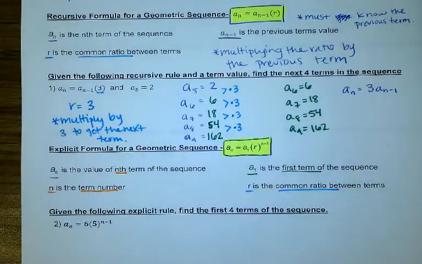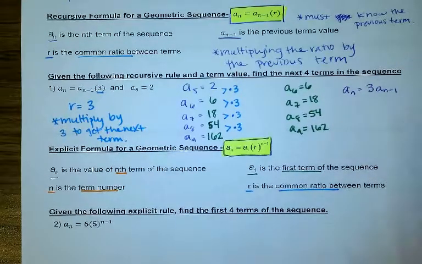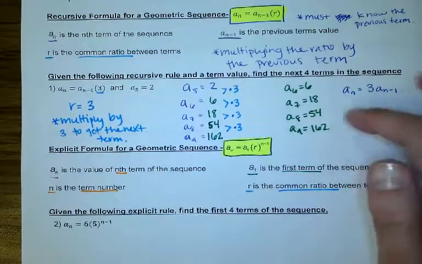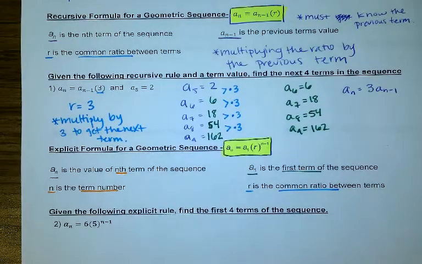And one thing I want you guys to notice is, in geometric sequences, your numbers get very, very big very quickly. It's actually growing at an exponential rate. If we continued to multiply by 3, it would not take us very long to get very large numbers, because as we continue to multiply, we would get very big numbers very quickly.